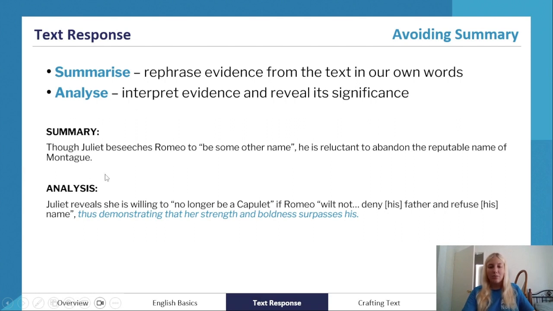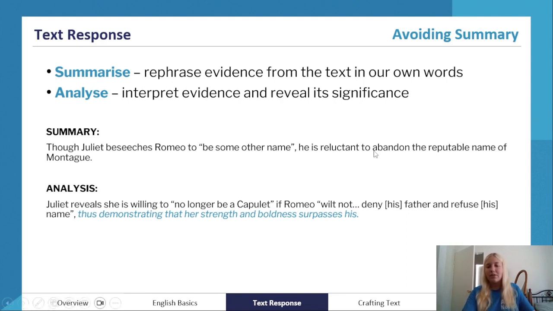So as an example, is there any analysis happening in this sentence? Though Juliet beseeches Romeo to be some other name, he is reluctant to abandon the reputable name of Montague. The sentence sounds pretty. Is there any analytical idea there?